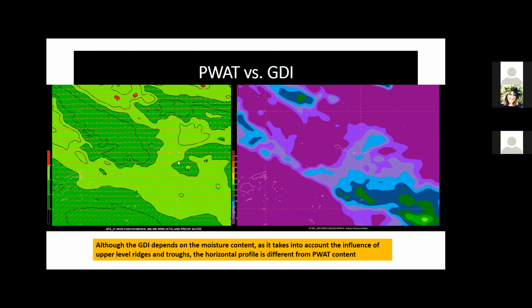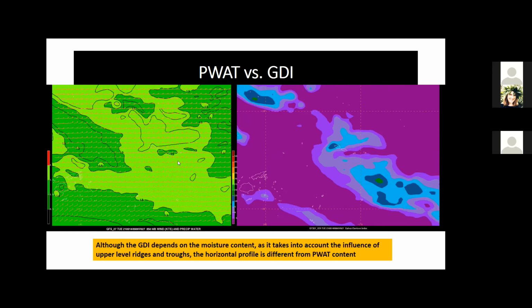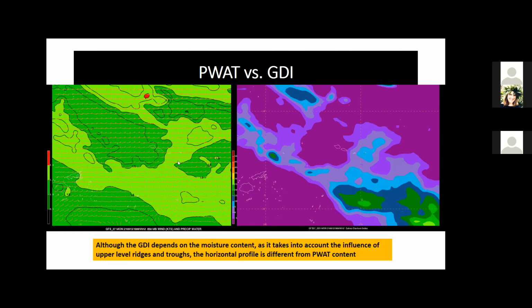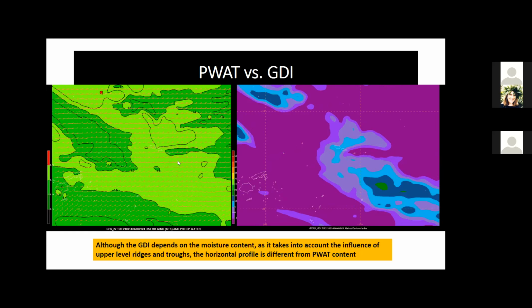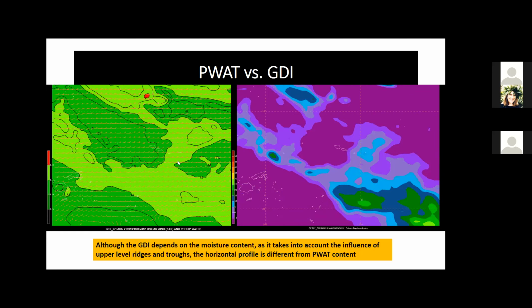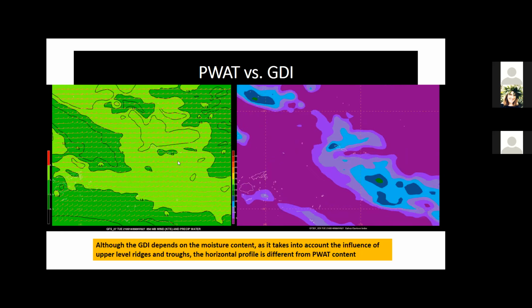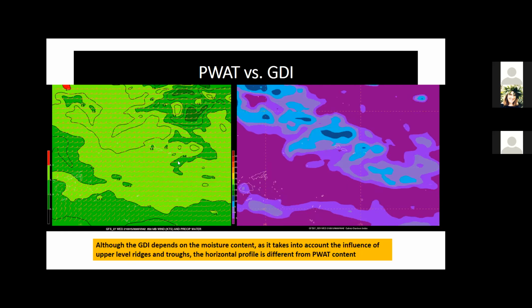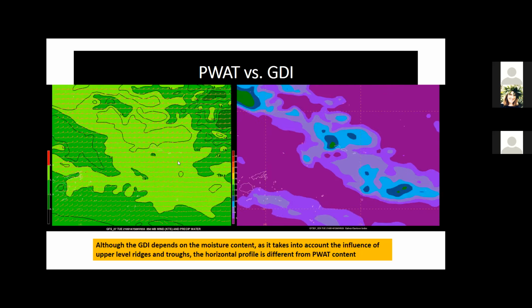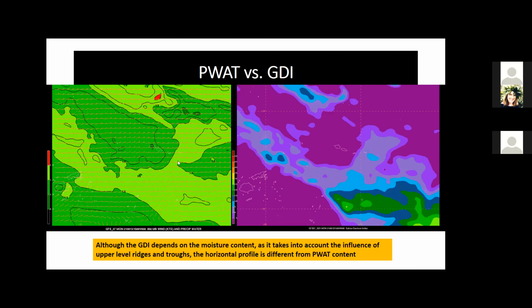So, a direct comparison of the GDI versus precipitable water: the precipitable water will give you an idea that there is going to be a larger area of potential for precipitation than what it really is. One of the reasons for that is that the moisture content tends to be higher in the lower levels of the atmosphere.